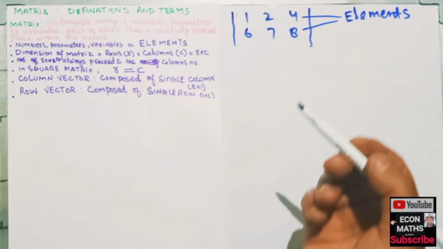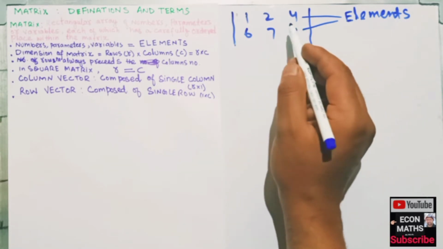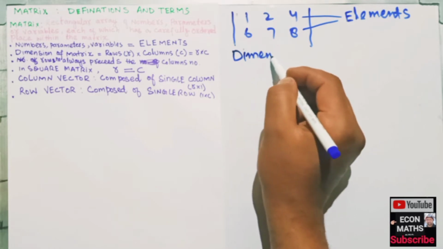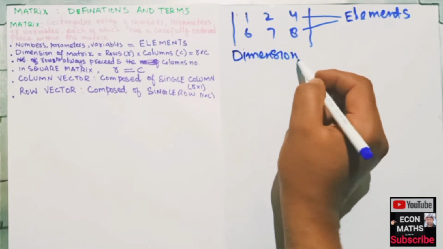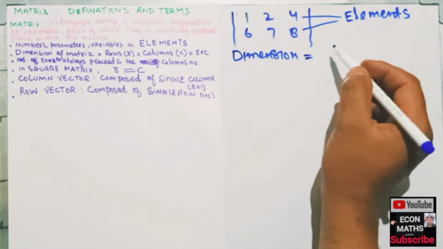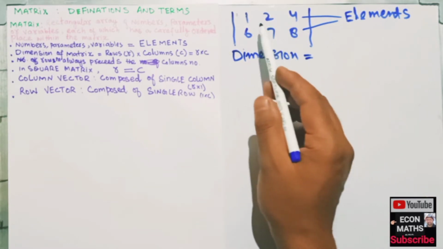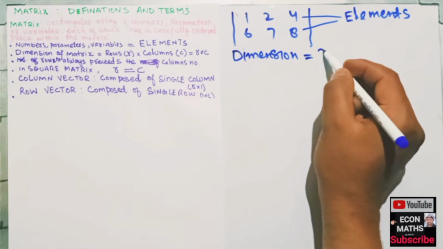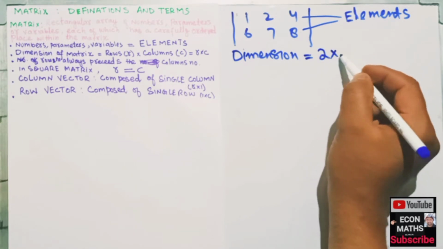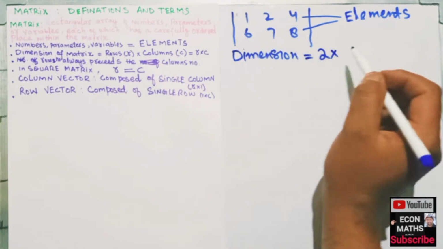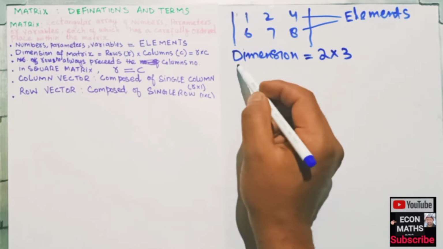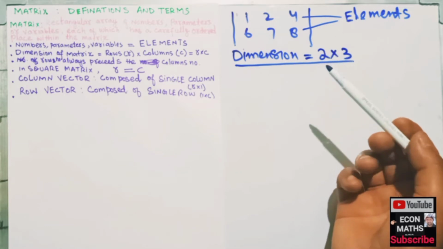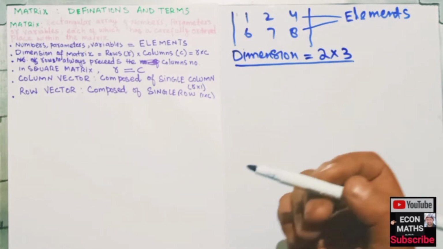So the dimension of this matrix is number of rows, 2, times the number of columns, 3. So the dimension of the matrix is nothing but the number of rows multiplied by the number of columns.